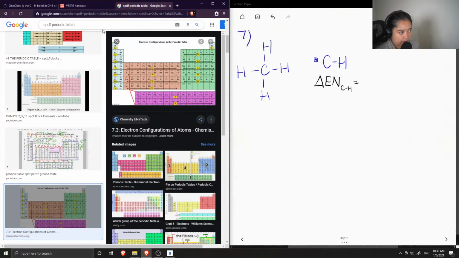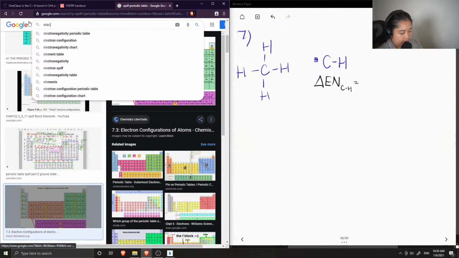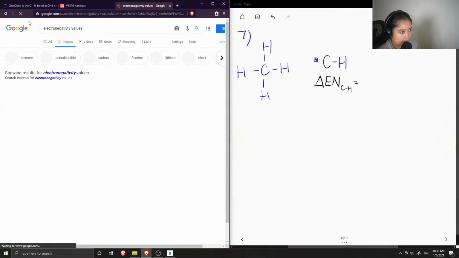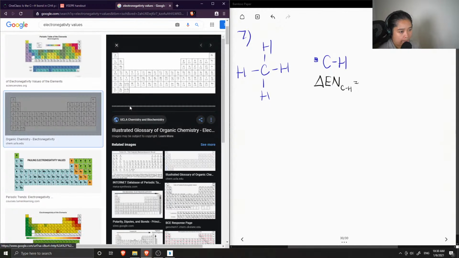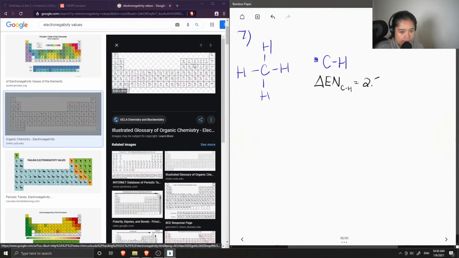So let's look up the electronegativity values for these two elements. So carbon has an electronegativity value of 2.5. And hydrogen is 2.1. So for their difference in electronegativity, it's only 0.4.